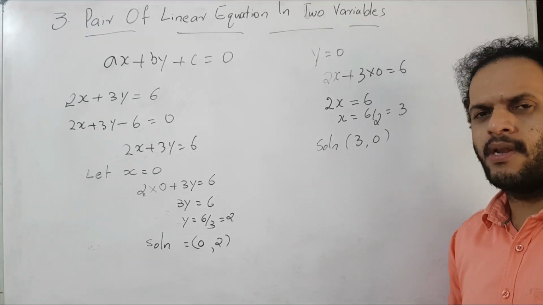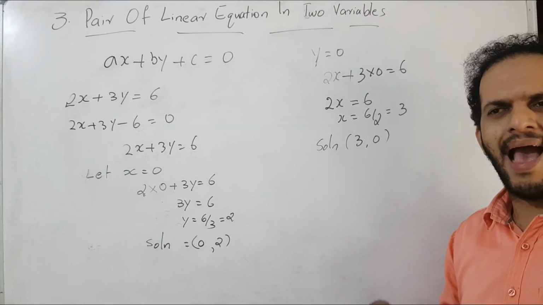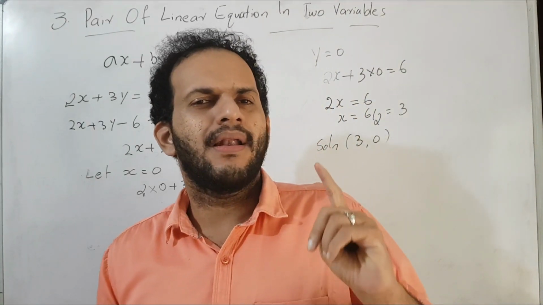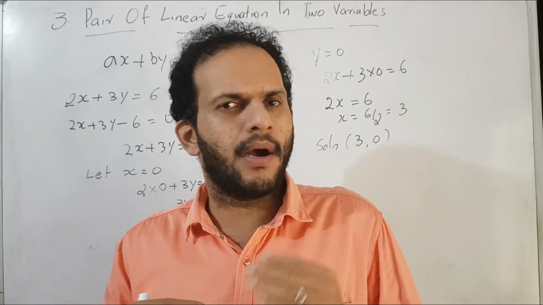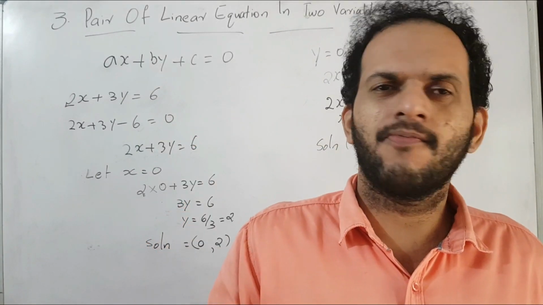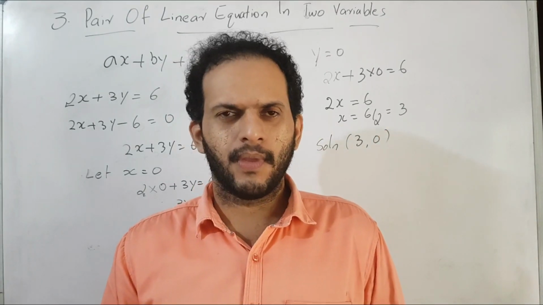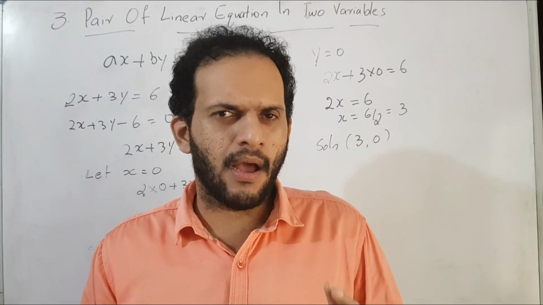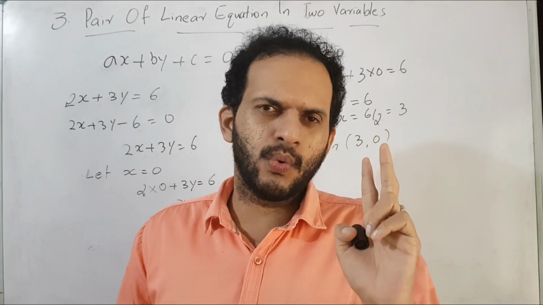If you need one more, you substitute the x value as 1 or the y value as 1. It is possible to find many solutions for one linear equation. By changing the values of x and y like this, we can find many solutions. It is possible to find infinitely many solutions of a linear equation in two variables. We studied this last year. But for drawing the graph, or for representing the equation in geometrical form, how many solutions do we need at least? We need at least 2 solutions.